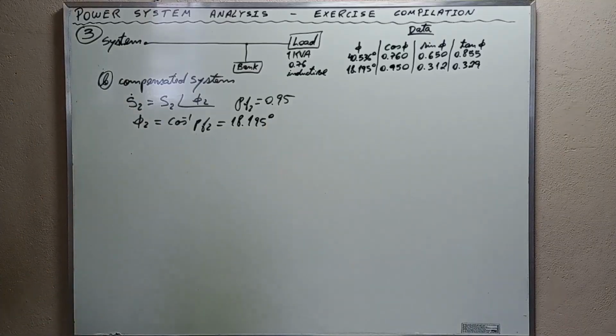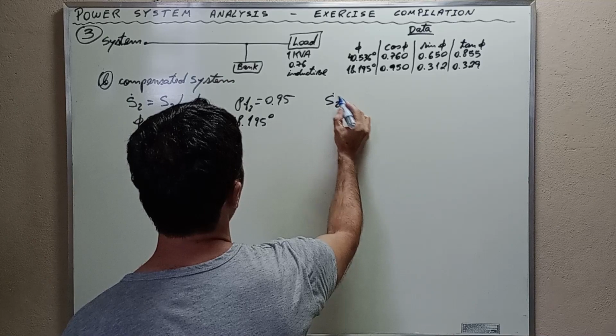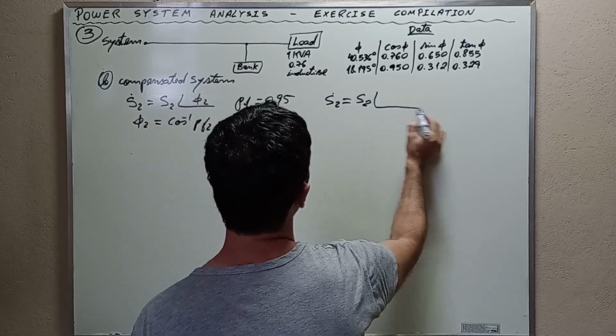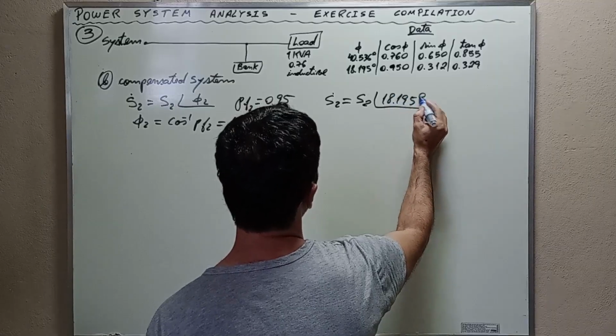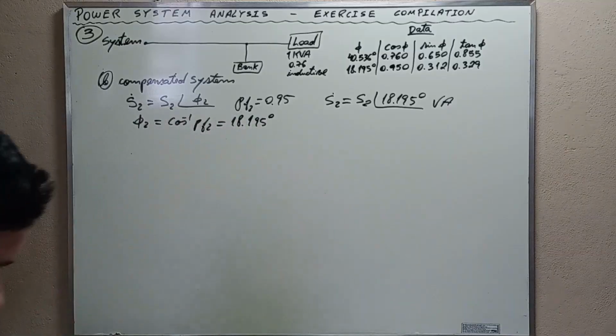Okay, my friends? Alright, so we know that the complex power is equal to the apparent power number 2 in the phase 18.195 degrees volt ampere. Okay?